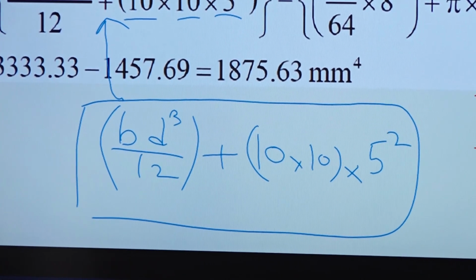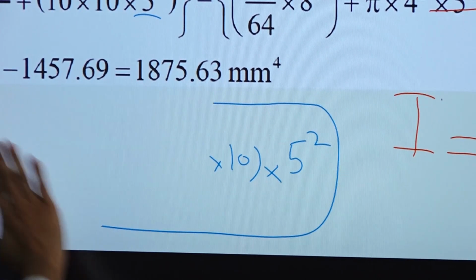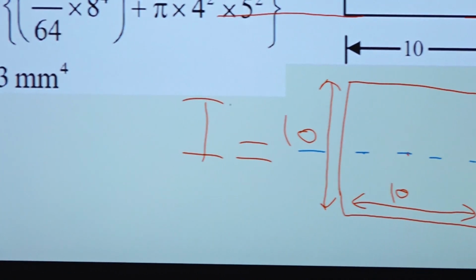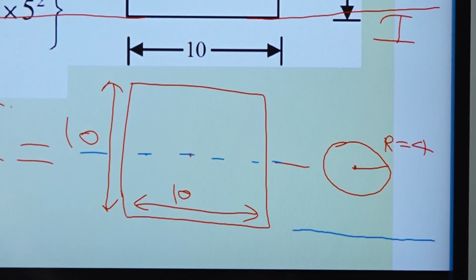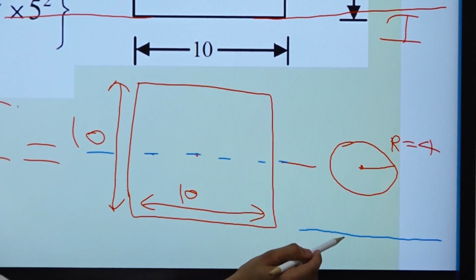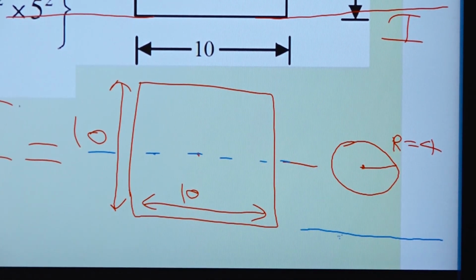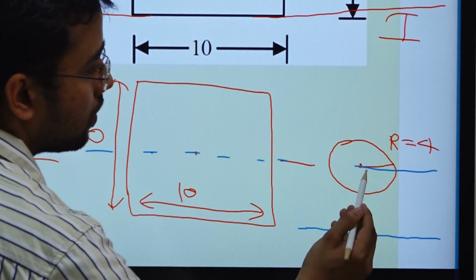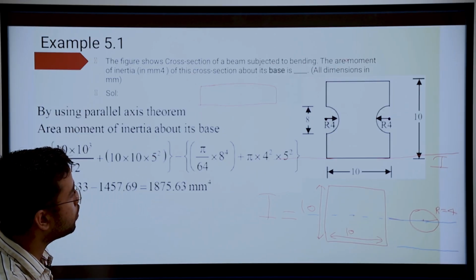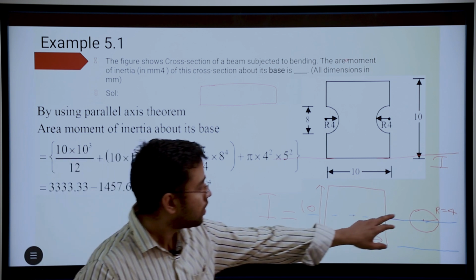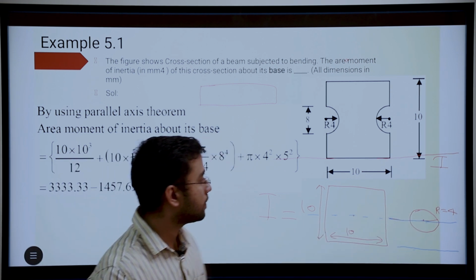Okay, so now we need to subtract the area moment of inertia of this circle about this axis, right? So suppose we know the area moment of inertia of this circle about the centroidal axis. So what is the area moment of inertia of this circle about the centroid?